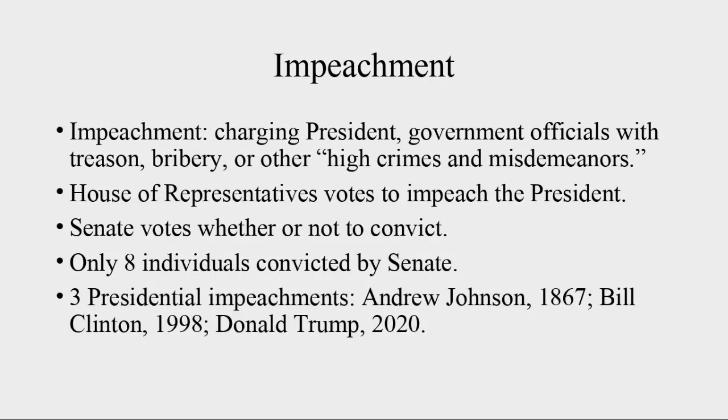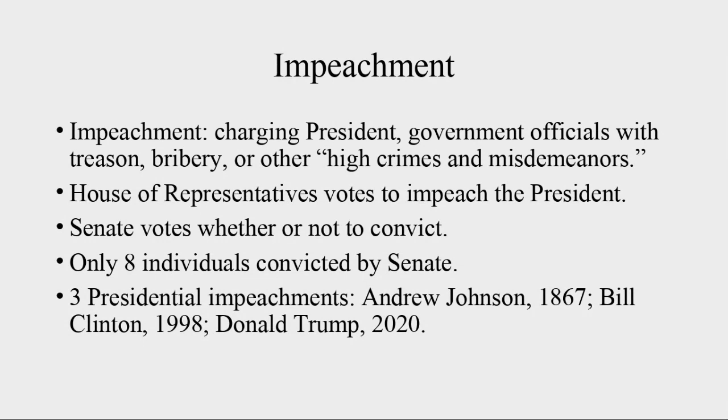It's a little vague, which isn't necessarily bad because then Congress can look at issues like election tampering or corruption and so on. So if Congress wants to impeach the president, the House of Representatives essentially is the grand jury.